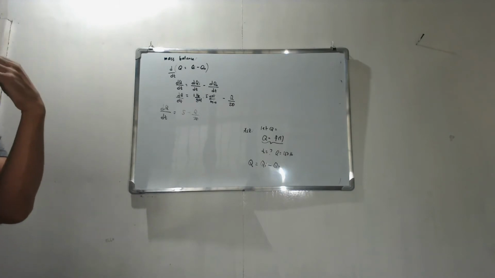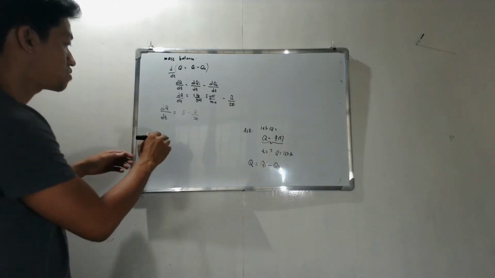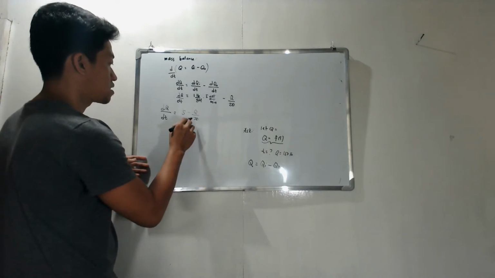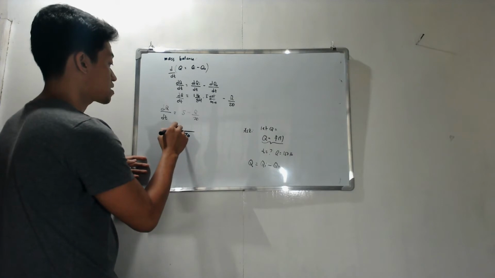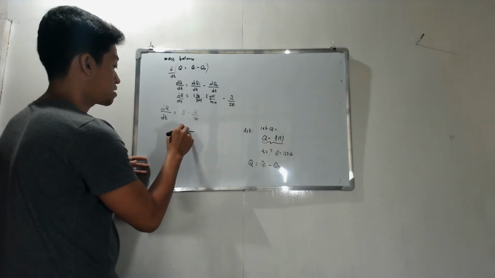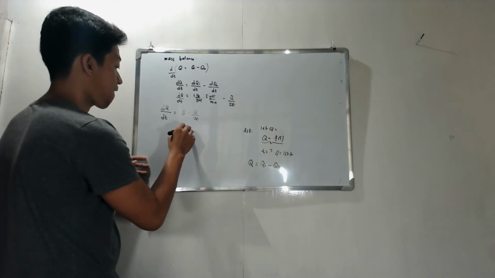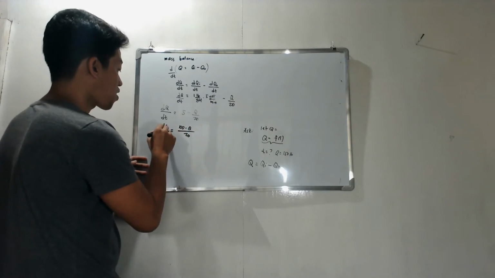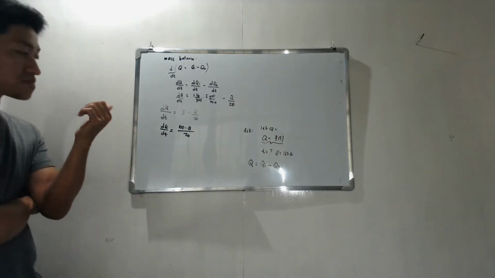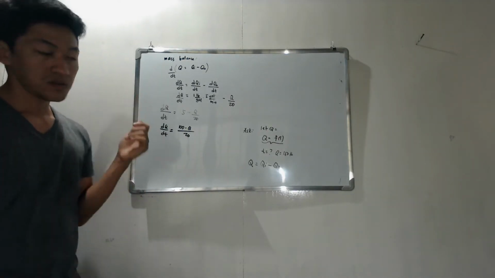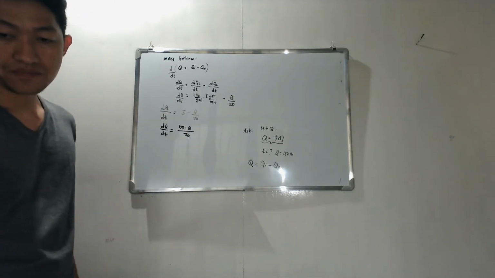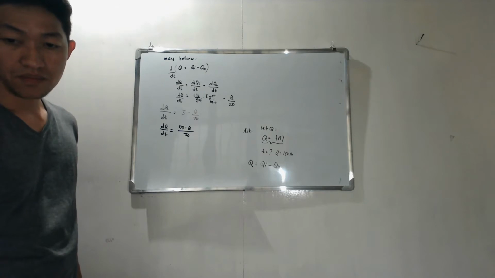Okay, 5 minus Q over 20. So determine what type of differential equation is this one.